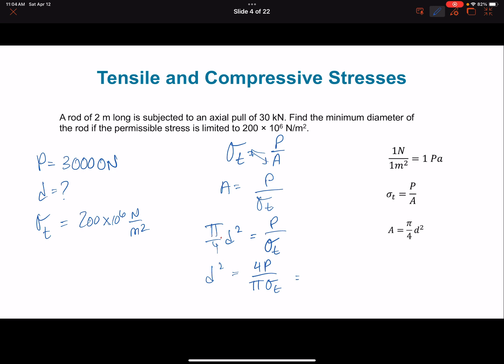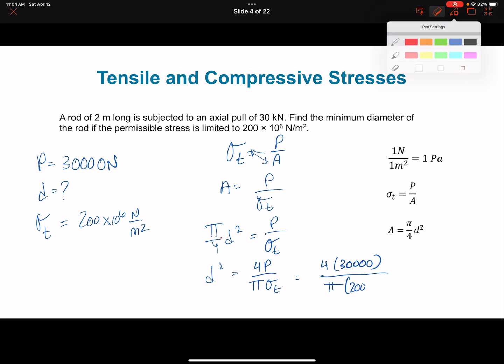So we'll put this in. So that'd be 4 times 30,000 over pi times 200 times 10 to the 6.